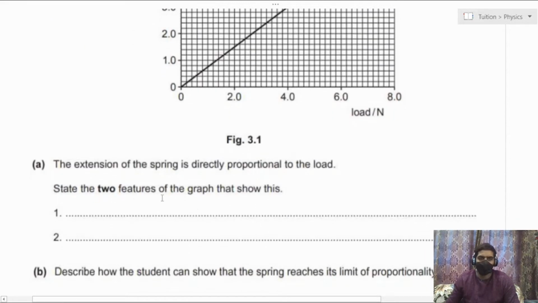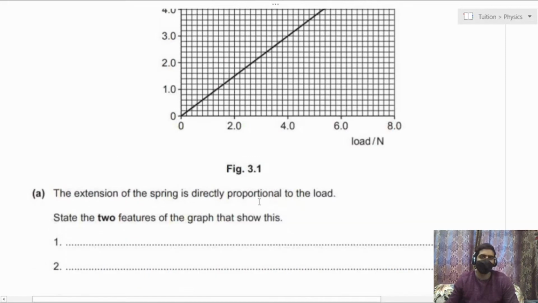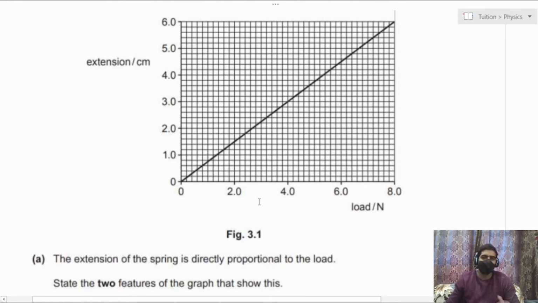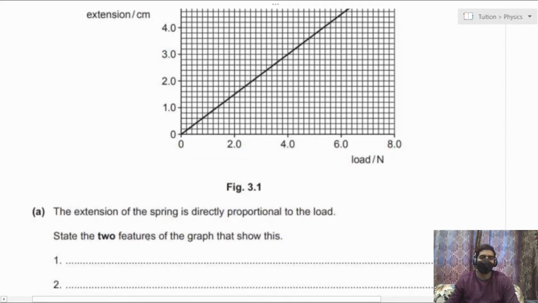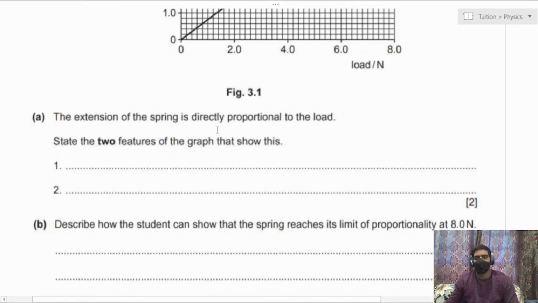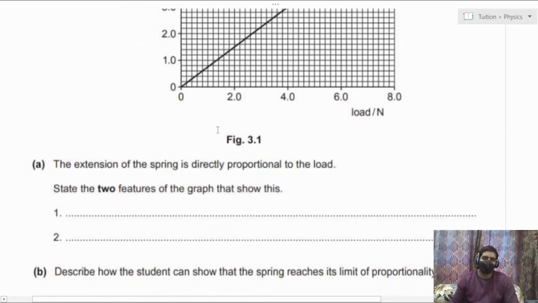The extension of the spring is directly proportional to the load. We can see from the graph as well. It's a straight line, meaning they are directly proportional to each other. Say the two features of the graph that show this. For the features of the graph, obviously one thing you can write: the graph is a straight line.